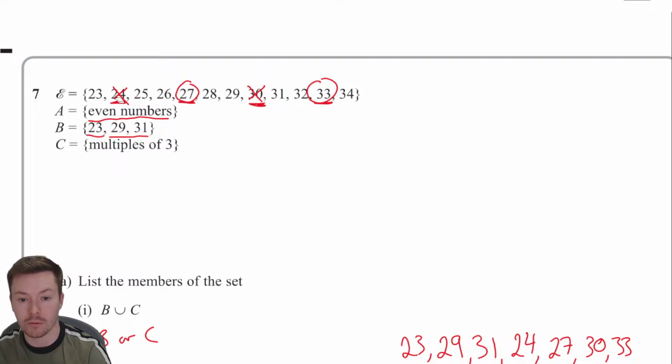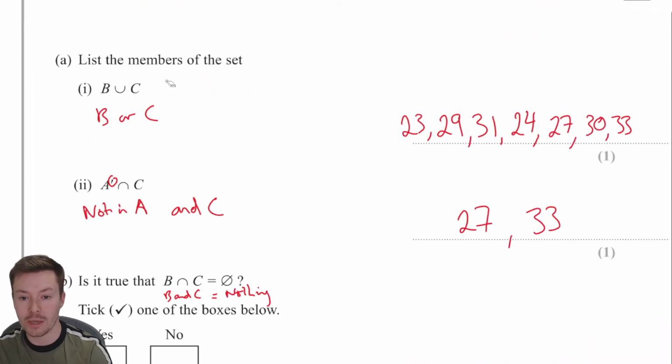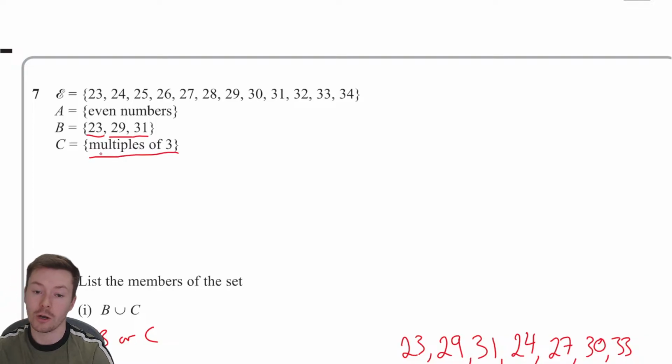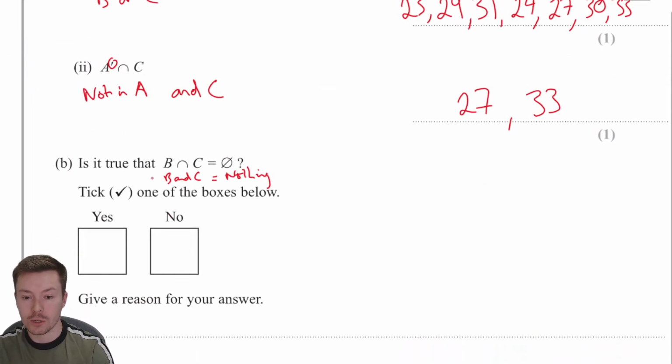I'm going to just get rid of the other things I've underlined here, because otherwise it could be confusing. So we're looking for B and C, not B and A. So basically, are there any multiples of 3 in B? No, because it's 24, 27, 30, 33.